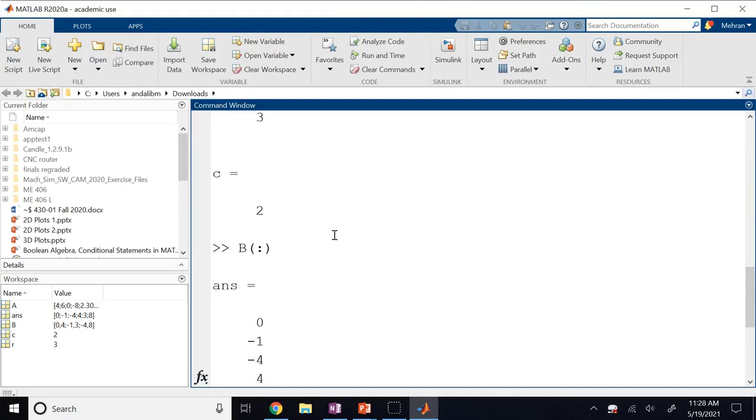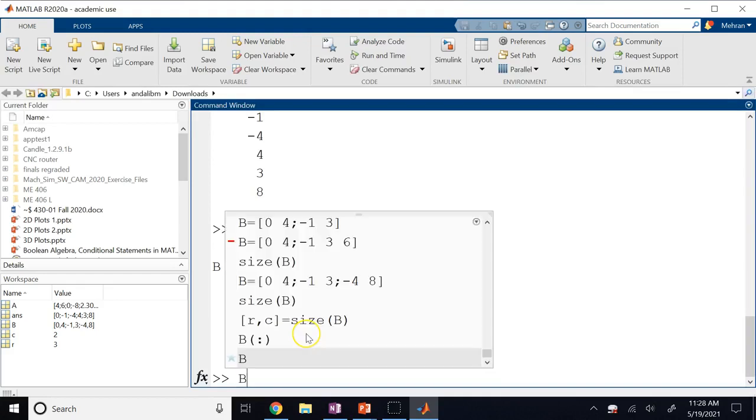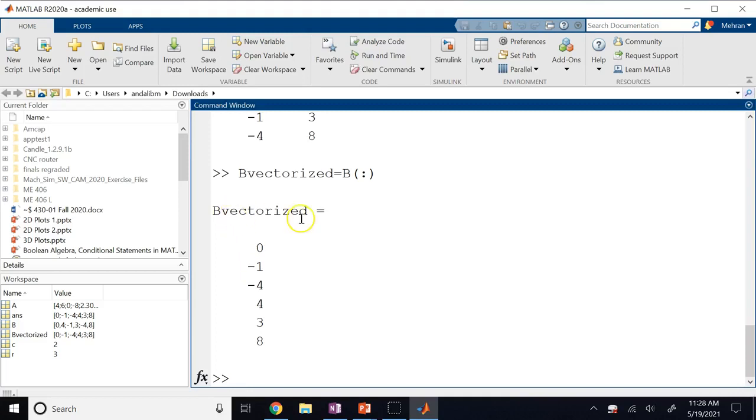In many applications, I'll show you later, you need to convert your matrix into a vector. So here I have converted my B matrix into a B vector, and if you want, I can call this a new thing and call it B vectorized. Now this is a new variable, B vectorized.